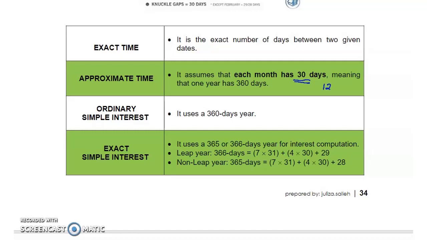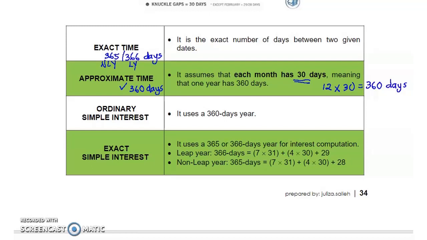We have 12 months, January until December, multiplied by 30 days, so 1 year will be 360 days. If exact time, we will have 365 or 366 days: 365 for non-leap year and 366 for leap year. But if we apply approximate time, then 1 year is equivalent to 360 days.